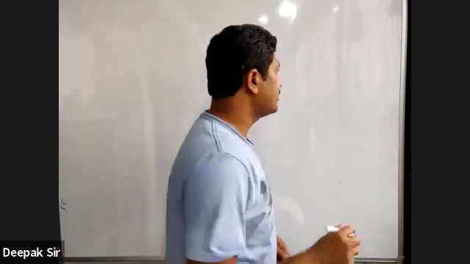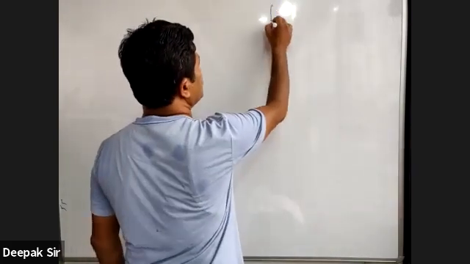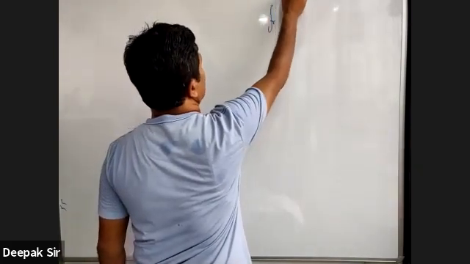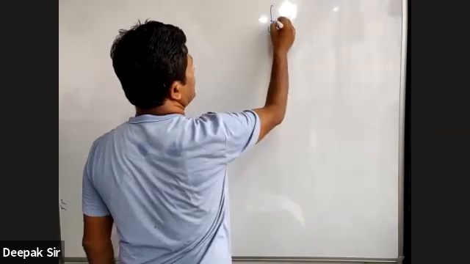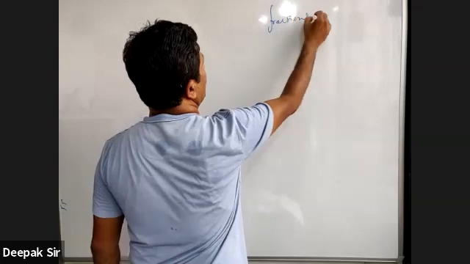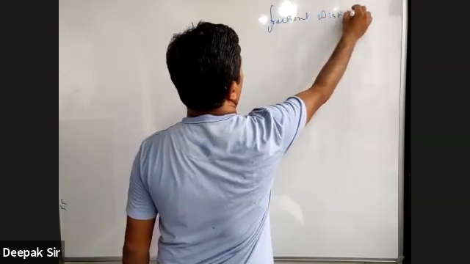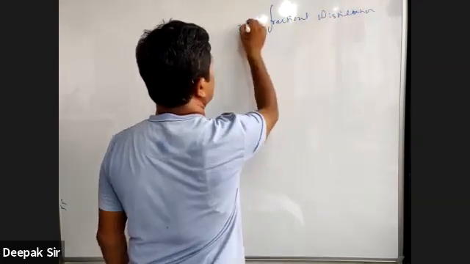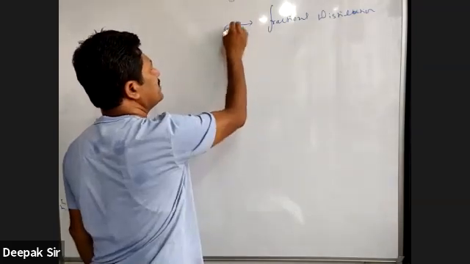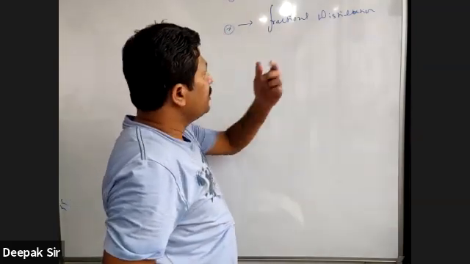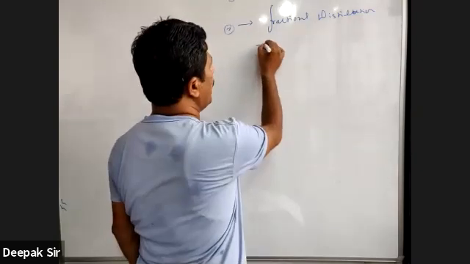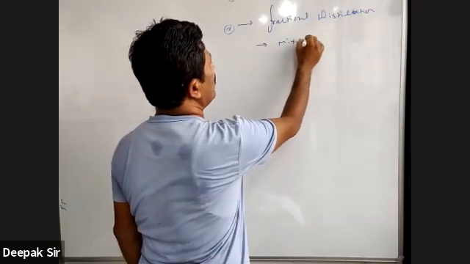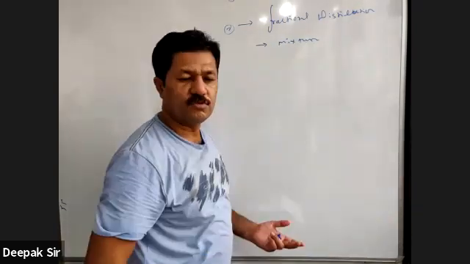When we talk about it, number one is distillation, and next is fractional distillation. This is the first thing, and this is the second. Now, when we use fractional distillation, some important points come in. Number one, there should be a mixture of two or more components.